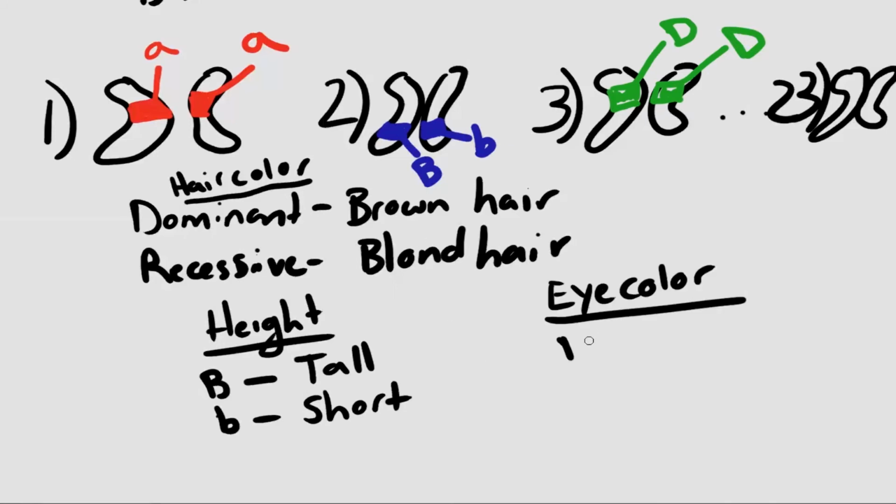Let's say the dominant trait is brown eyes. And the recessive trait is blue eyes.